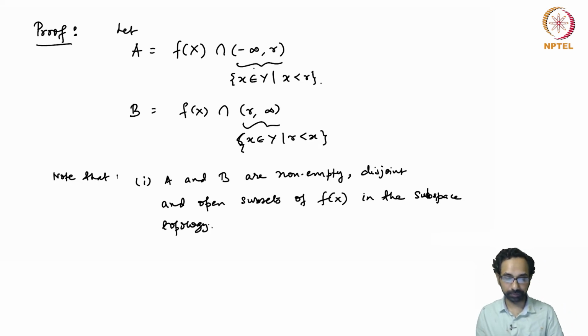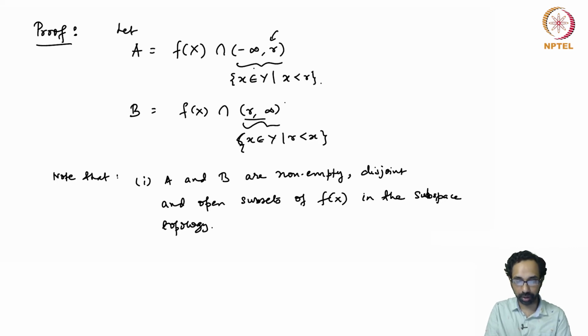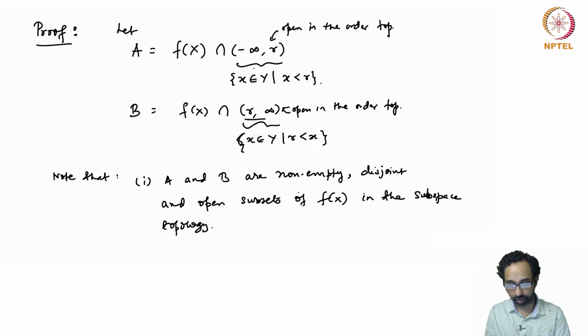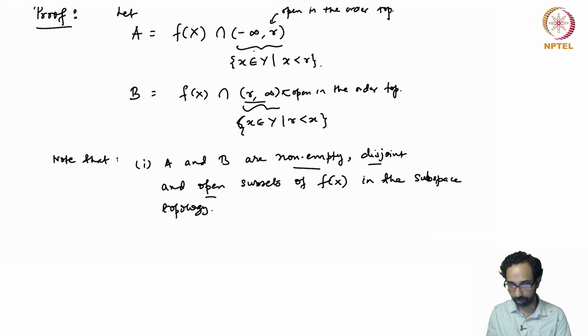Of course they are non-empty. It is easy to check. They are disjoint because we are taking the intersection with r to infinity and minus infinity to r, and these are disjoint sets. So A and B are disjoint, and they are open because these are open in the order topology. So they are non-empty, disjoint, and open subsets of f of X in the subspace topology.